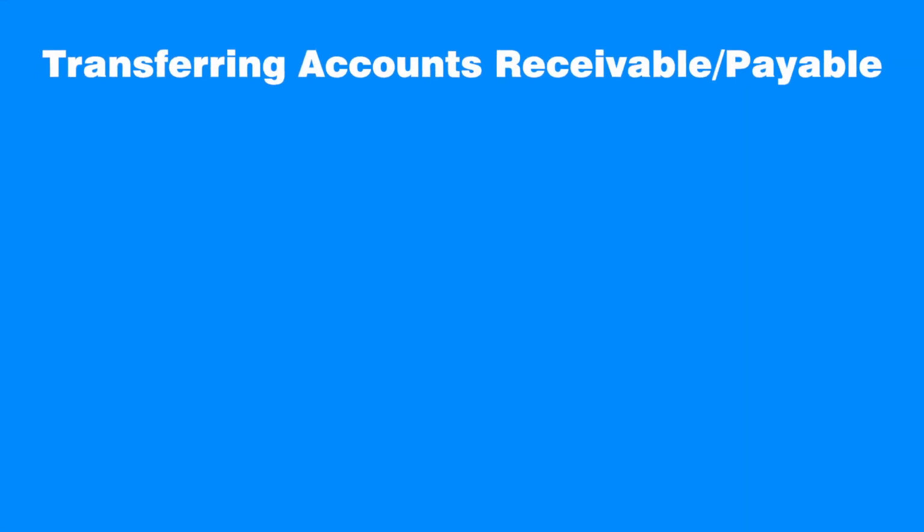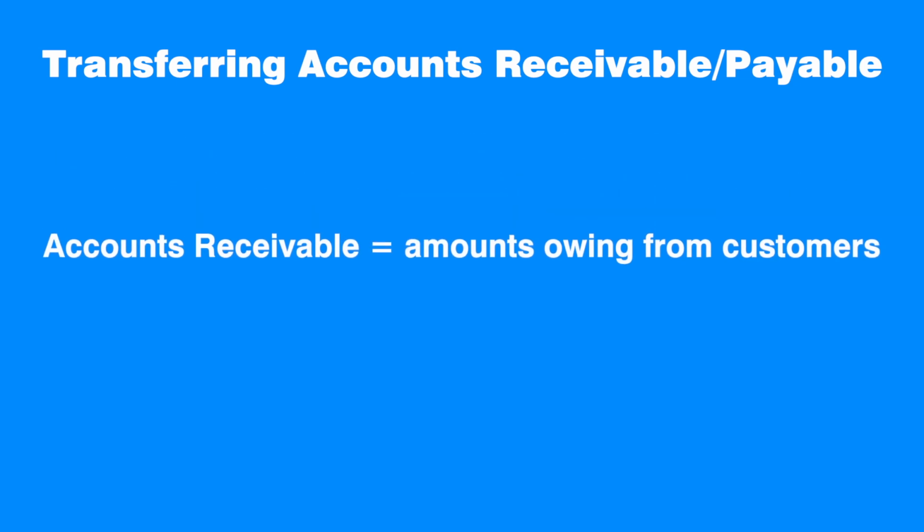The last topic to be covered in this video is transferring of opening and closing balances of accounts receivable and accounts payable. This information is required to adjust the cash information provided in the revenue and expenses tables to accrual basis. The accounts receivable report provided by accounting software is a summary of the amounts owed to a company by its debtors or buyers.